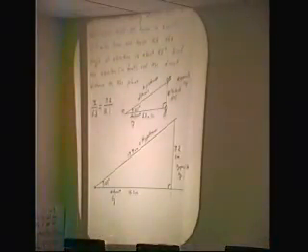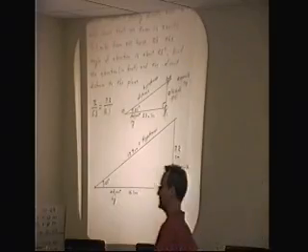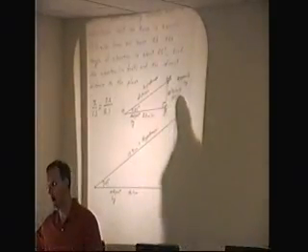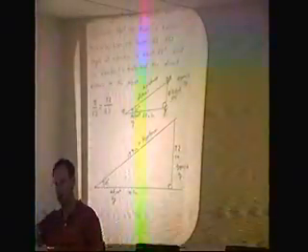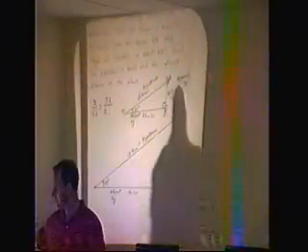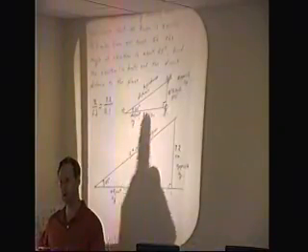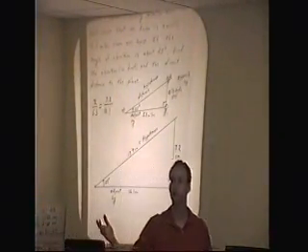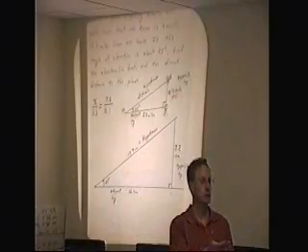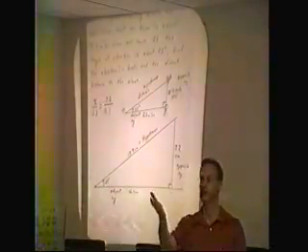Did everybody get about 0.45 when you divided those? I want you to take the opposite leg over adjacent leg. Yours, not mine. Take your opposite leg divided by your adjacent leg and see if you get something close to 0.45. 0.47, 0.46.